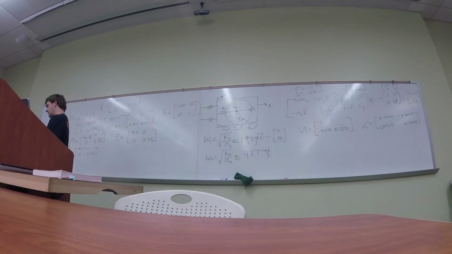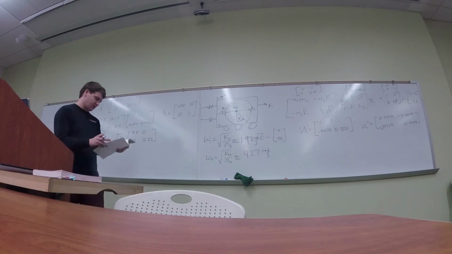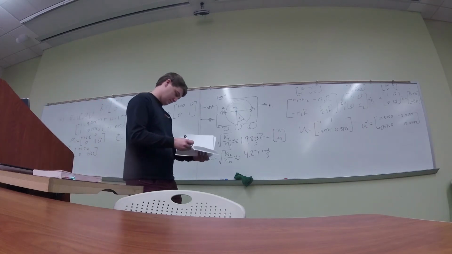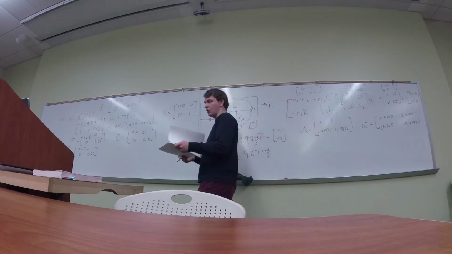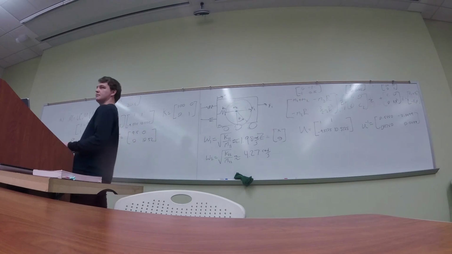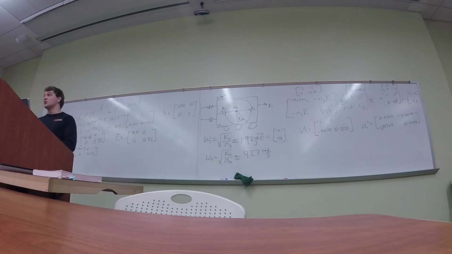Then part C, he's going to ask for the damping ratio for your first mode. So how are we going to find the damping ratio of our first one? Yeah, compute the damping ratio for mode 1 of the system. Do we need alpha or beta?